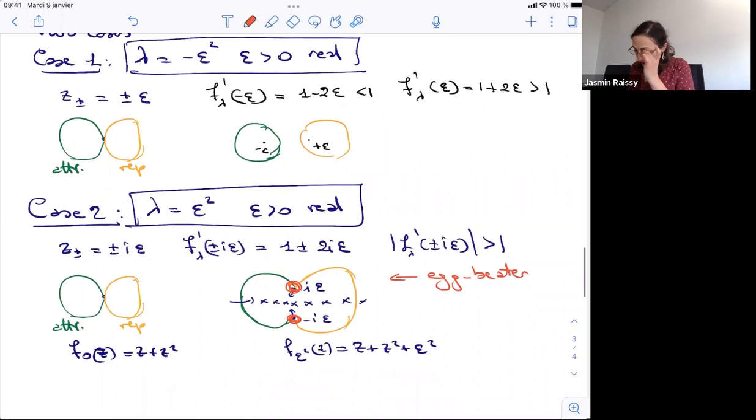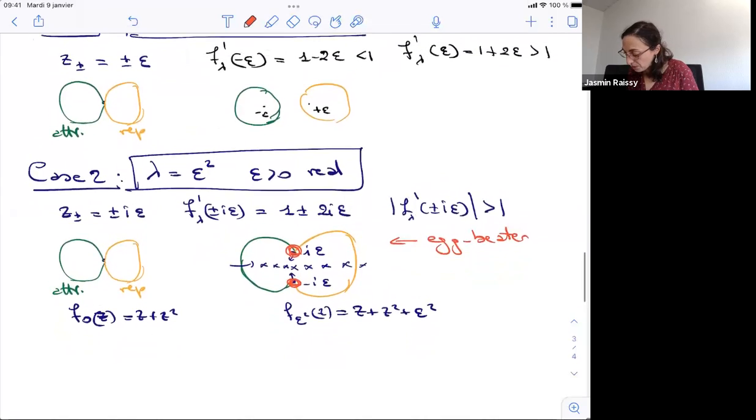And now what Lavaurs proved, I will not prove it to you. Well, of course, not today. So I will finish in 2 minutes. I will simply give the theorem of Lavaurs in here.